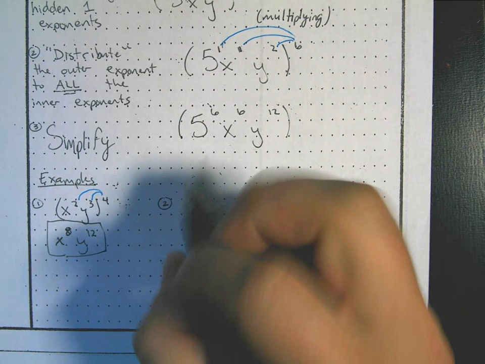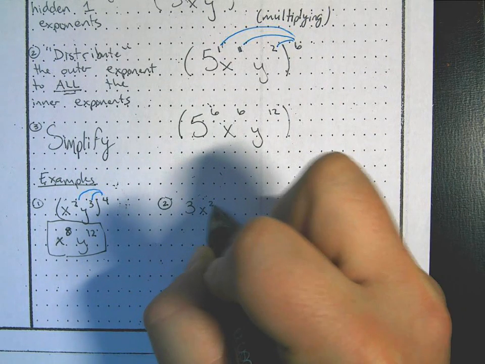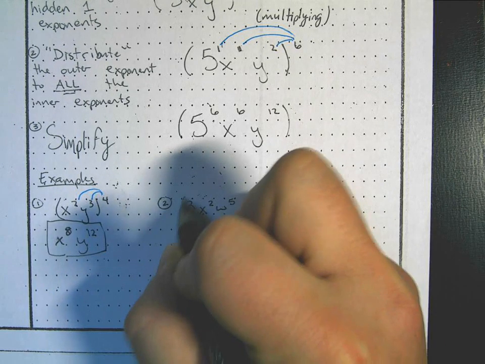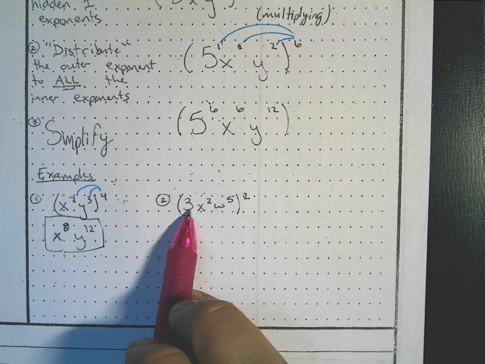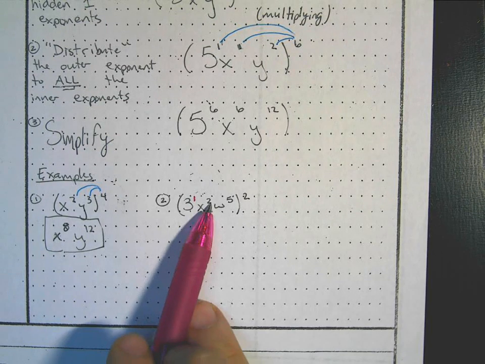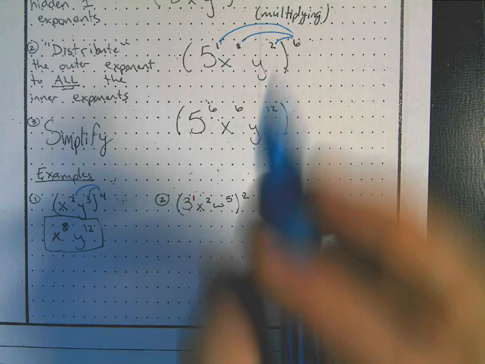So let's say we have 3x squared w to the 5th. We want to square this. Well, a base number is going to have a hidden 1 exponent, so I'll write that in. x has an exponent, w has an exponent, so we're good. Now it's time to distribute.